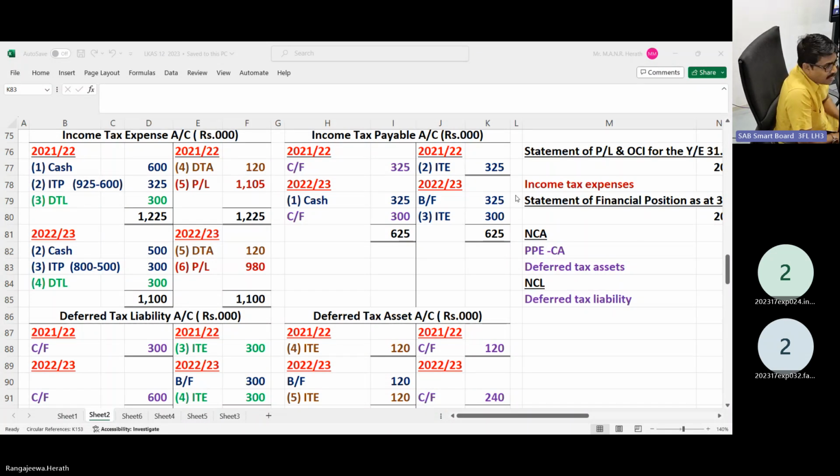So can you complete the rest? Right? Now we prepare the tax expense.